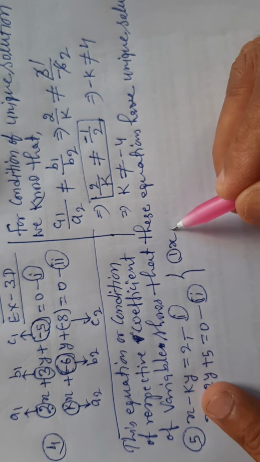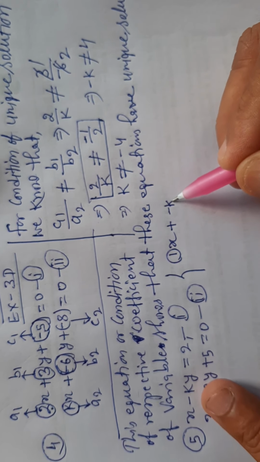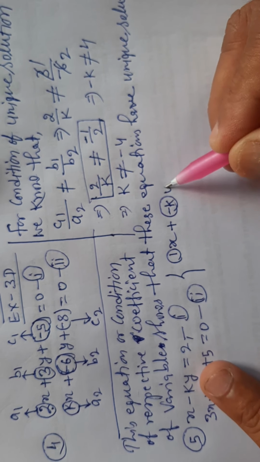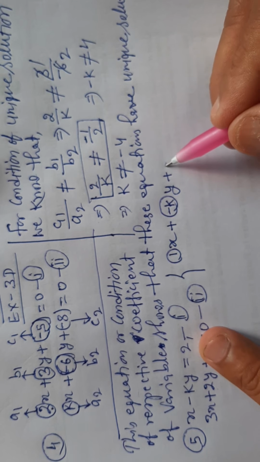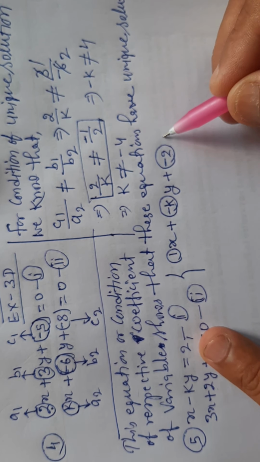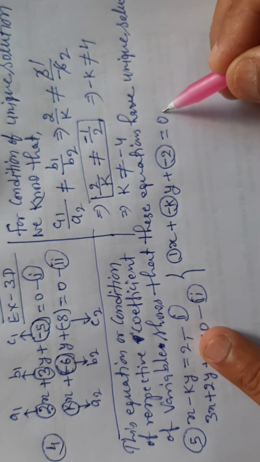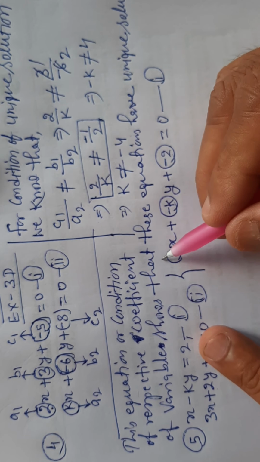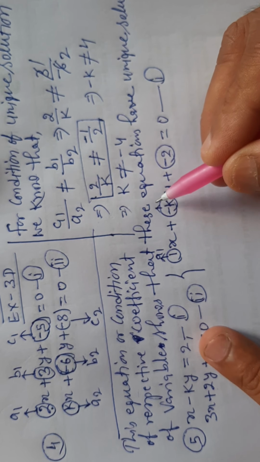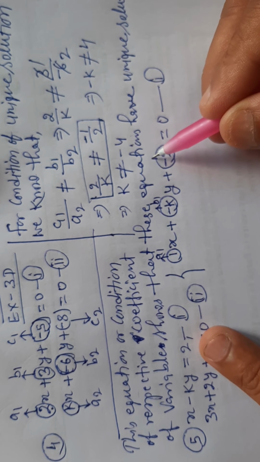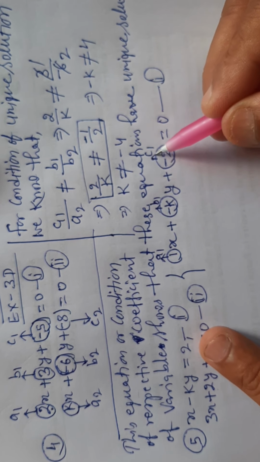Now we can write these equations as 1x plus minus k y plus minus 2 is equal to 0, equation 1. This coefficient is a1, this is b1, and this c1.